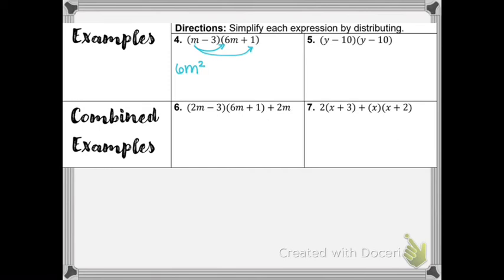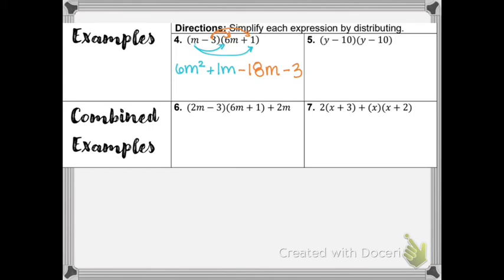M times 1 is 1m. I'm going to switch colors. Negative. Now you have to pay attention to that negative. That negative is going to come with the 3. So negative 3 times 6m, a negative times a positive is a negative 18m. And a negative times a positive is a negative 3. So negative 3 times 1 is negative 3.